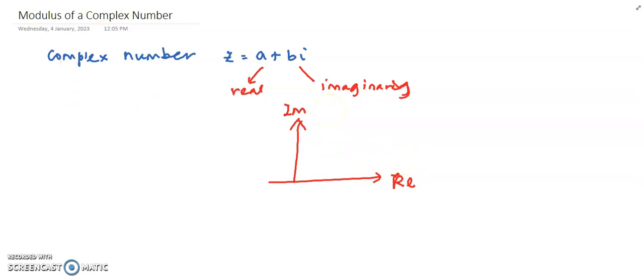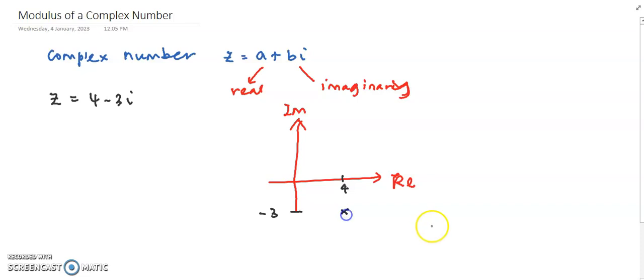As I give you one example here, let's say we have z equals 4 minus 3i. That means in our Argand diagram, we are going to plot 4, negative 3. The real part is 4, so we have 4 units at the real part and negative 3 at the imaginary part.